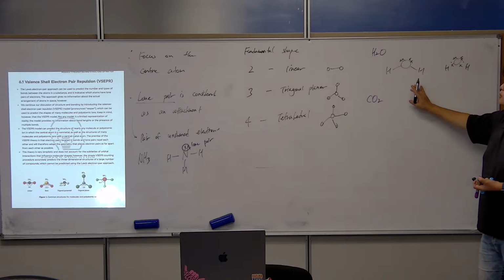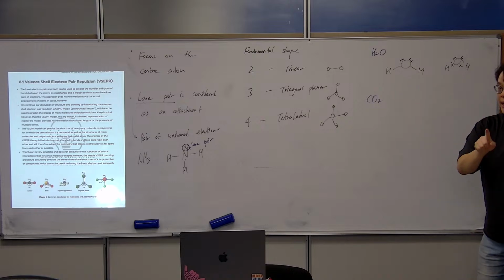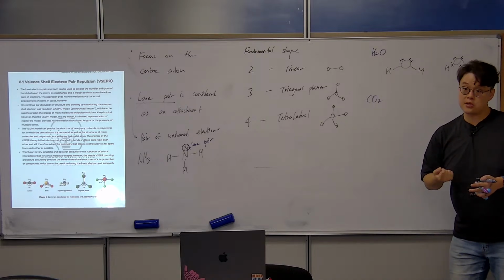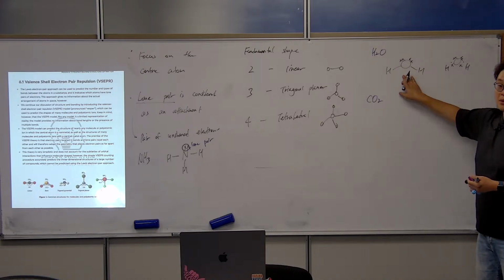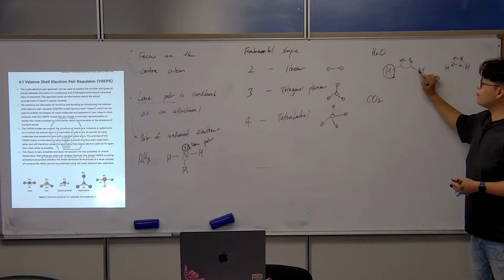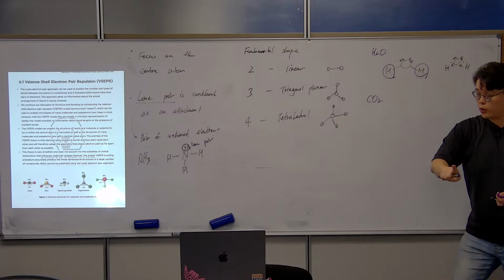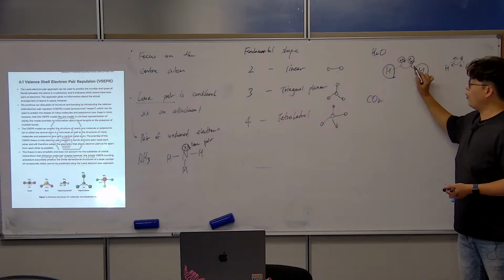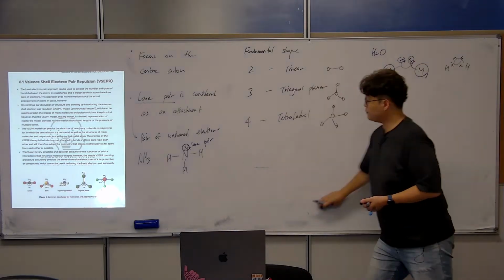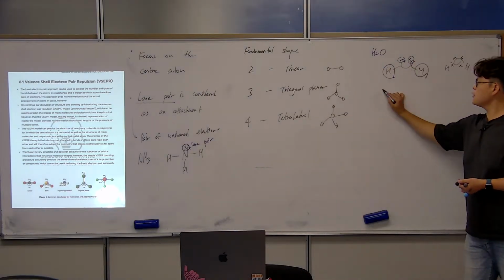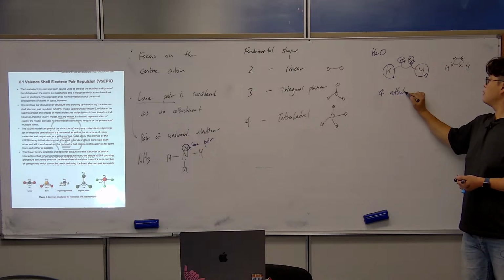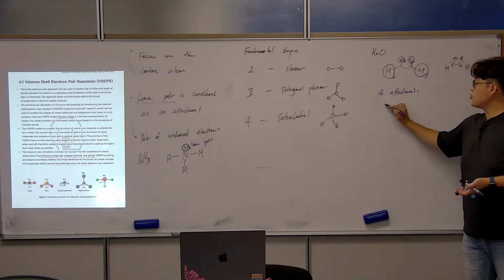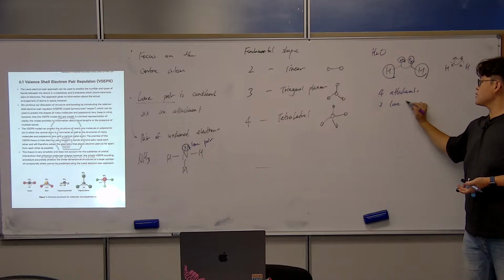Then what you start to see here is to count how many attachments the oxygen, which is the center atom, has. Oxygen here now has 1, 2, and remember that we're taking the lone pair as an attachment, so 3 and 4. So it has 4 attachments, but 2 of them are lone pairs.